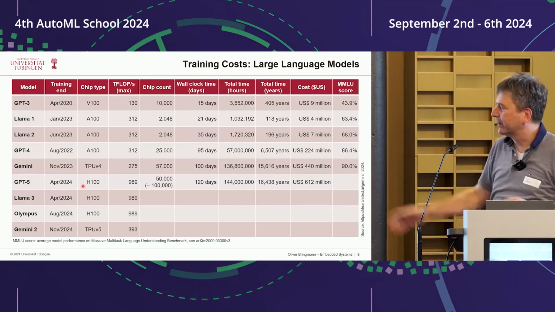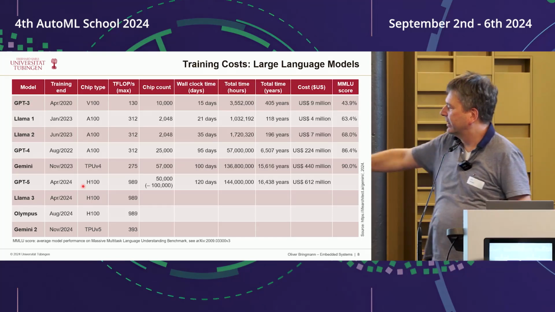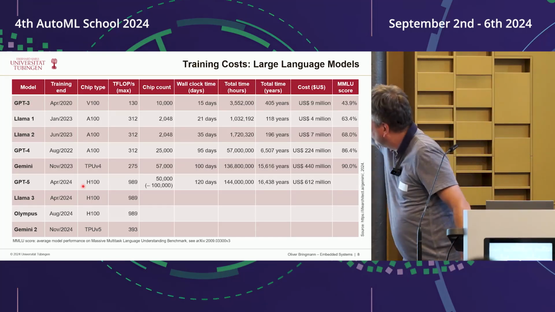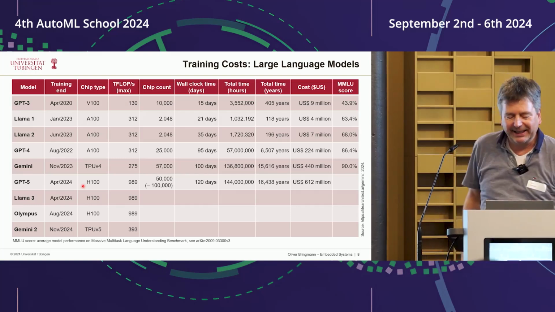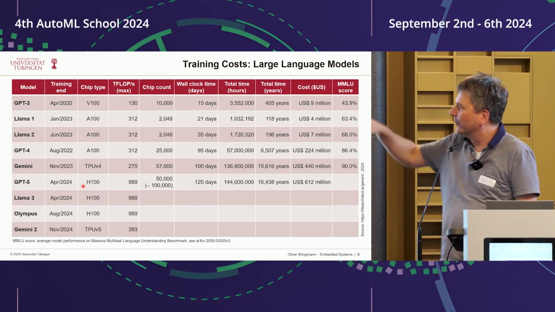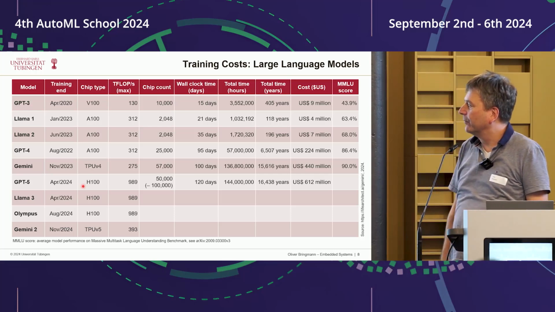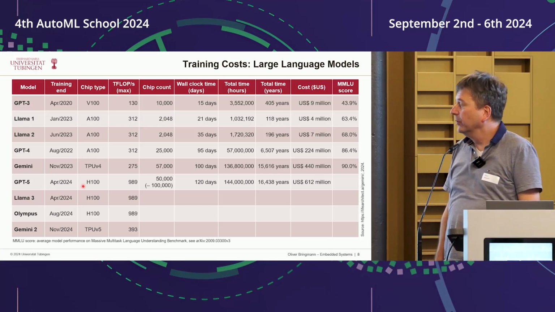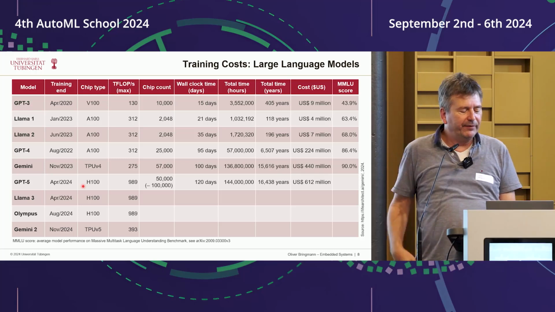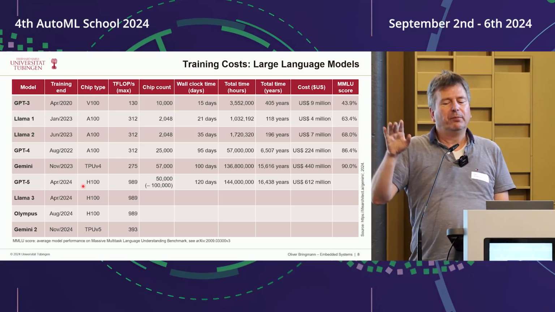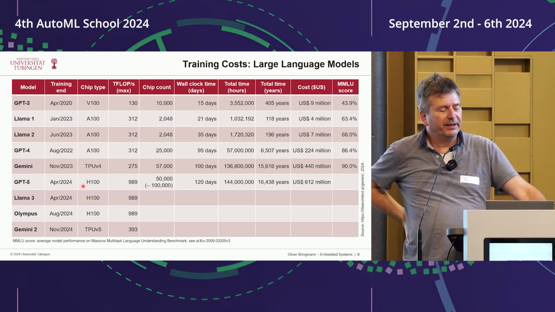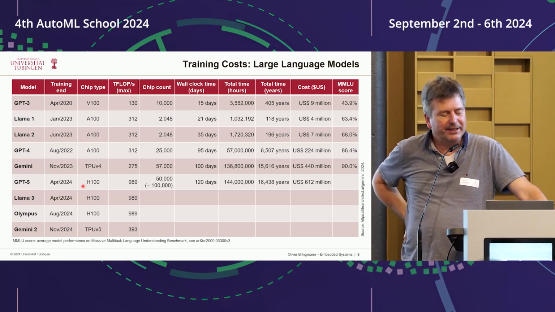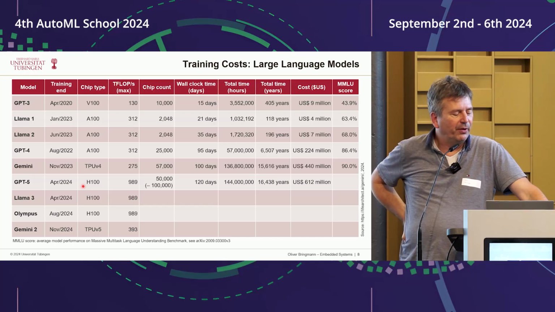Here I have a table with some other models. It's taken from the web page here on the right-hand side, and you will see numbers also for what is expected for GPT-5. It's known that for GPT-5 at least H100, but probably even better H200 or GB200 cards will be used, and rumors talked about 100,000 GPUs for that task.